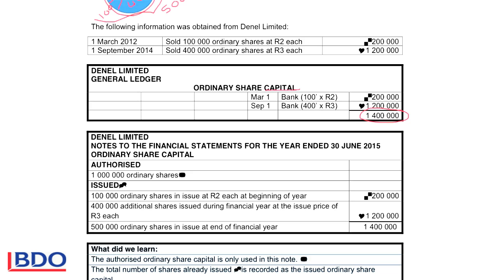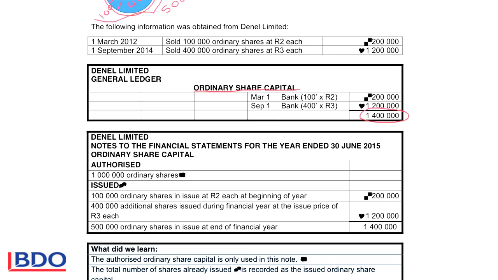In a company, this capital account is exactly the same, except that a company can sell different types of shares: ordinary shares, preference shares, redeemable preference shares, cumulative preference shares, etc. So to determine where the company got the capital, they will say which type of shares were sold to obtain this 1.4 million. So they will have an ordinary share capital account, a preference share capital account, a cumulative preference share capital account. In school, you only have to do ordinary share capital.